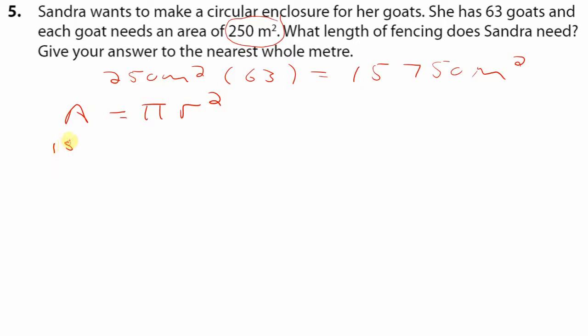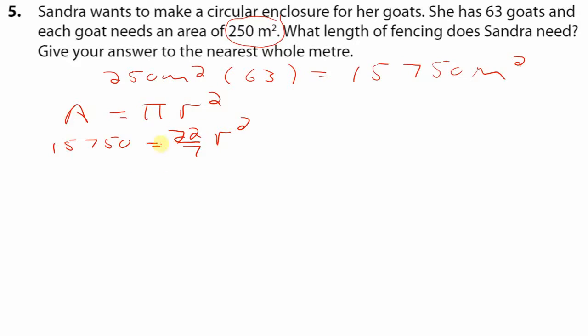We can replace area by 15,750. We have to calculate radius. So let's approximate pi, because we want to the nearest whole number. I'll use again 22/7. Radius squared, I don't know.